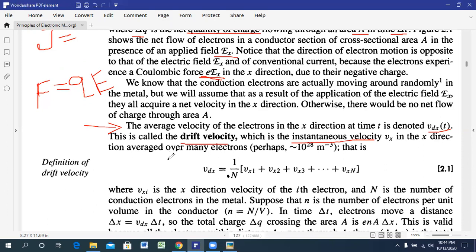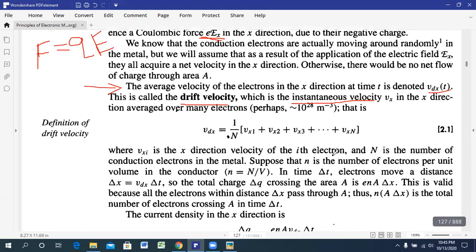And there is another thing mentioned here: the average number of electrons is almost 10 to the power 28 per meter cube. Okay. So I think up to equation number 2.1, this one is clear. Now let us assume we have n number of conduction electrons, and in the x direction the velocity is vxi.